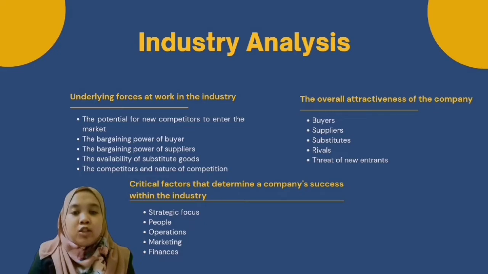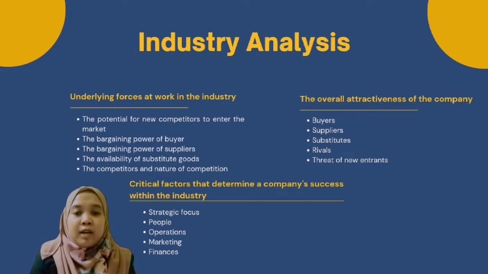The first major element of industry analysis is the underlying forces at work in the industry. The rivalry among firms in the industry depends on five forces. The first is the potential for new competitors to enter the market. The second is the bargaining power of buyers.